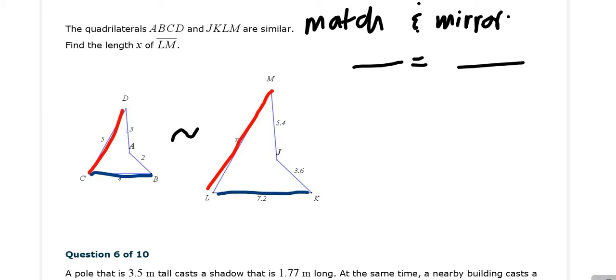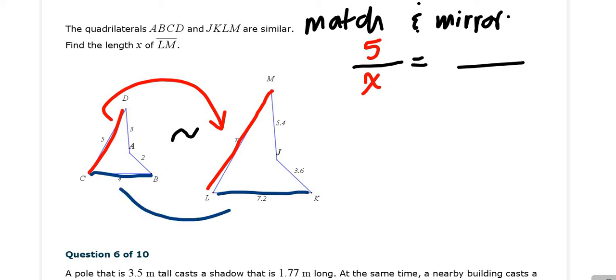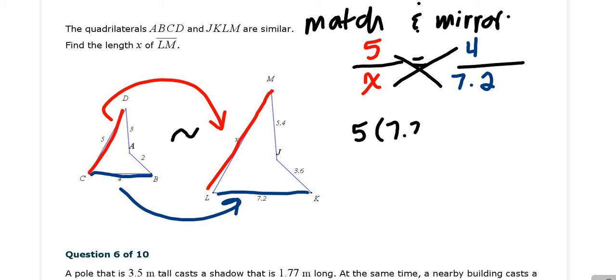Now I'm going to mirror the directions. So I'm going to go left to right. You can go right to left. It doesn't matter. We cross multiply. We come in the margin and do 5 times 7.2.